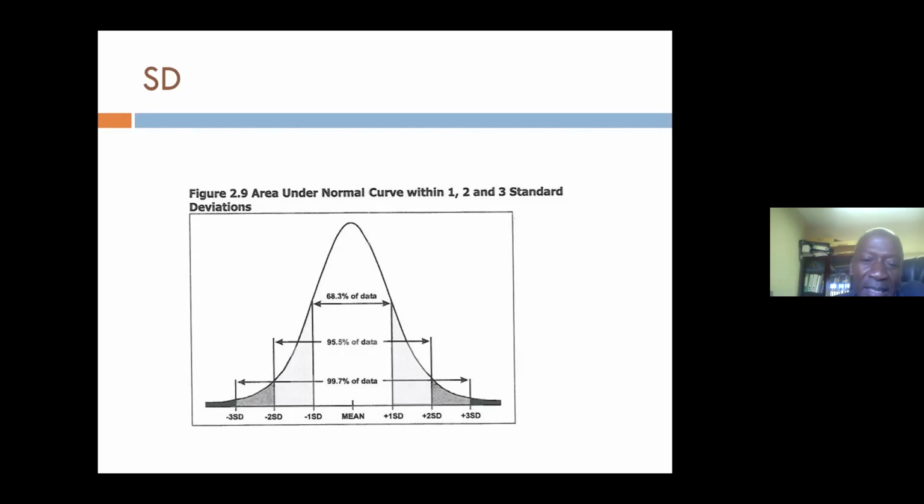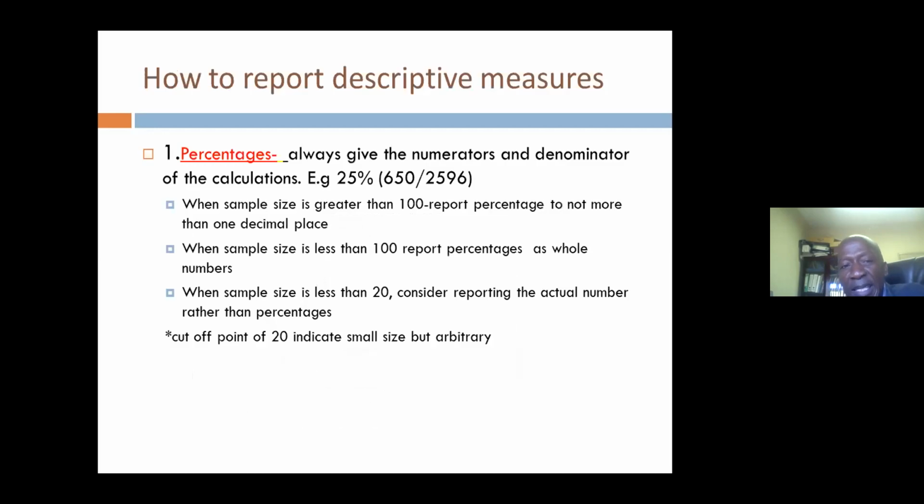About 68.3% of the observations lie within one standard deviation of the mean, about 95.5% of the data lie within two standard deviations of the mean, and about 99.7% of the data lie within three standard deviations of the mean. That's the characteristic of the empirical rule for a symmetrically distributed data set.